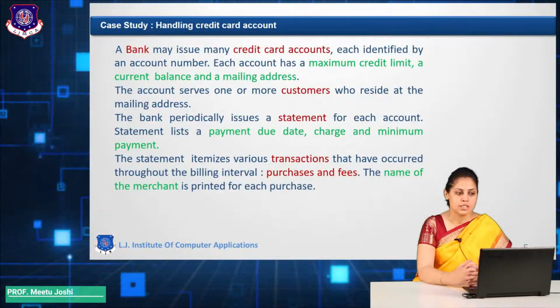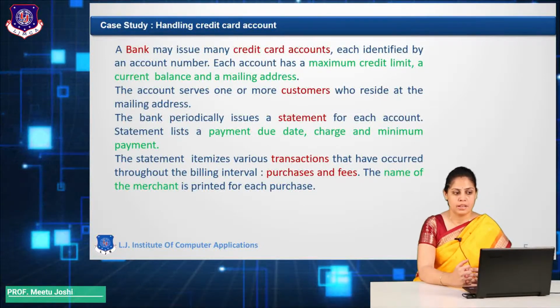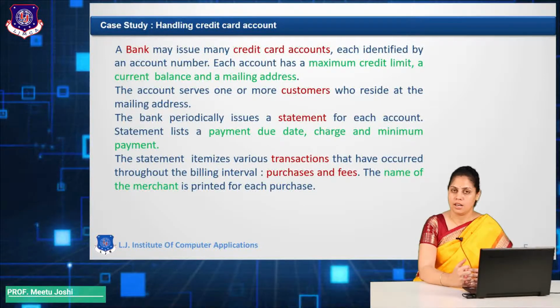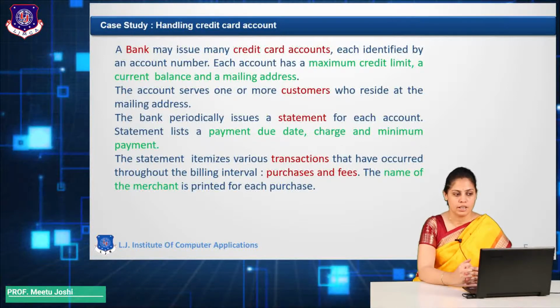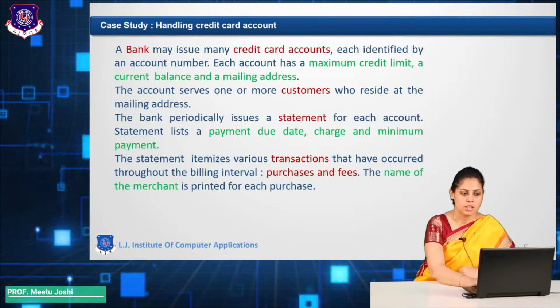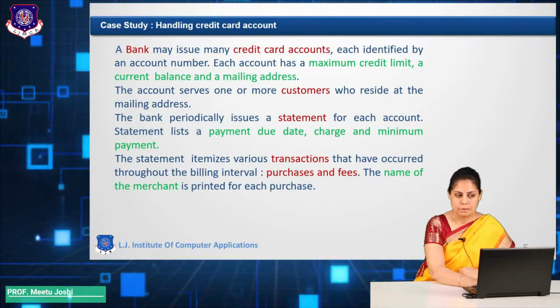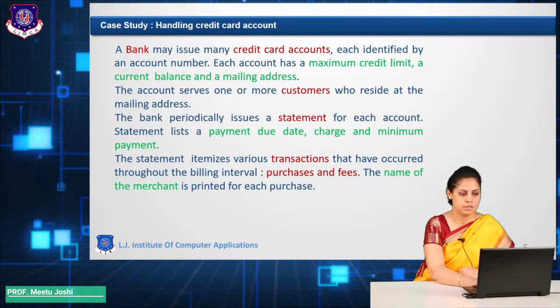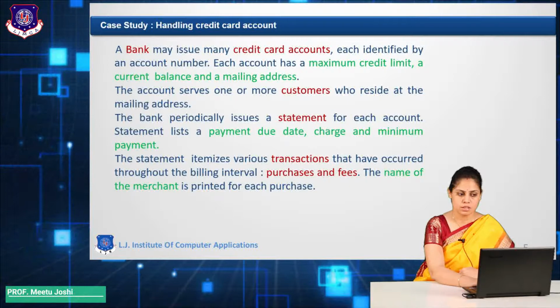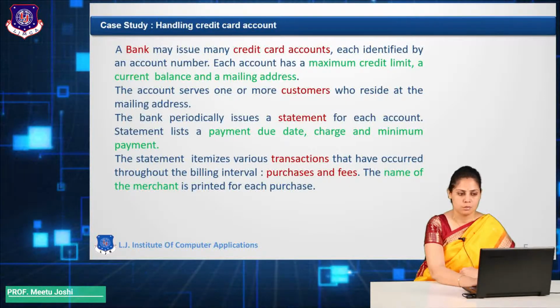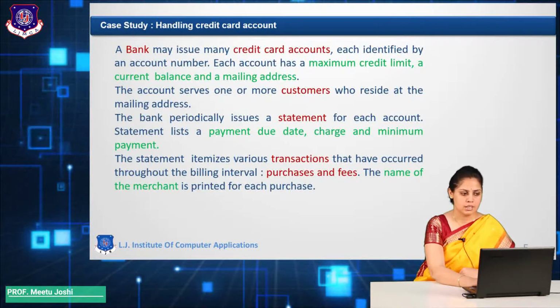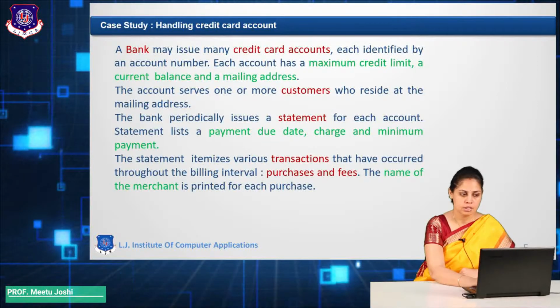Here we have a statement: a bank may issue many credit card accounts. Each is identified by an account number. Each account has a maximum credit limit, a current balance, and a mailing address. The accounts serve one or more customers who reside at the mailing address.